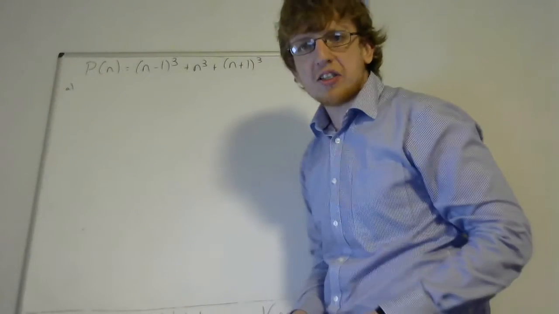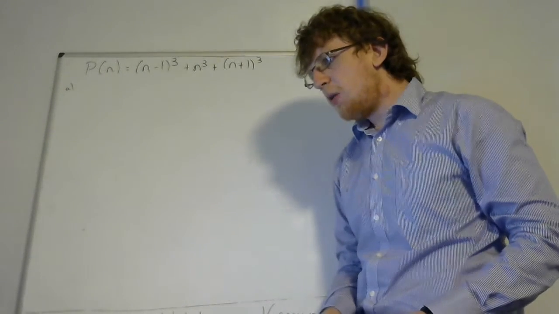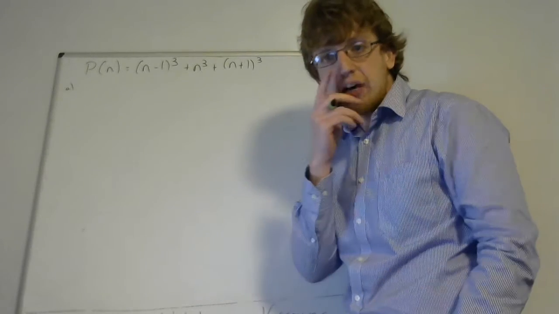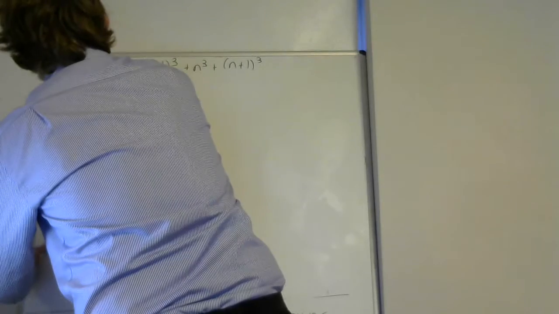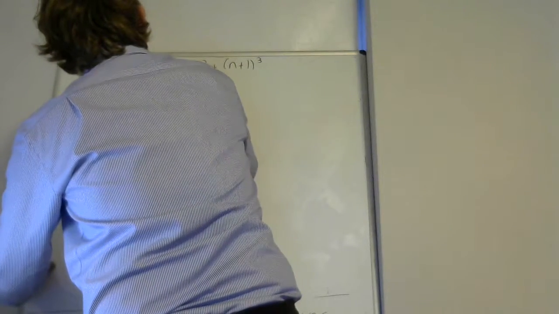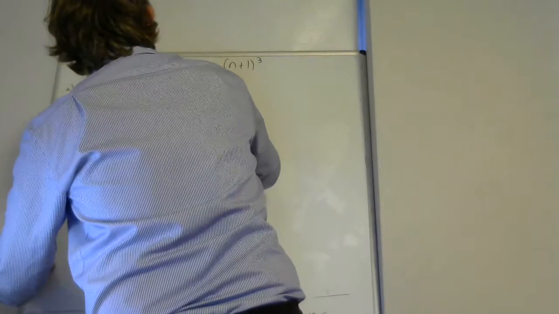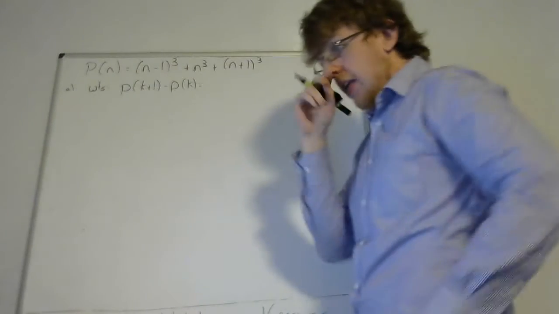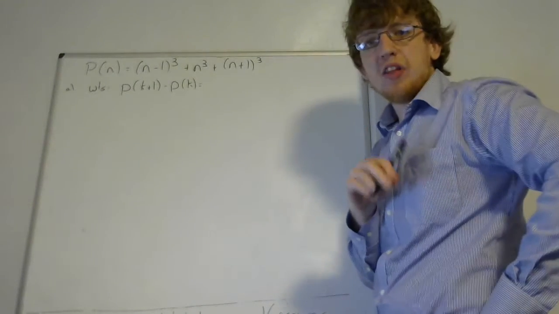And in the first question, in A, we want to show that, and I'm going to write this out as you would do if you were answering this question. So WTS stands for want to show. We want to show that p of k plus 1 minus p of k is a multiple of 9.